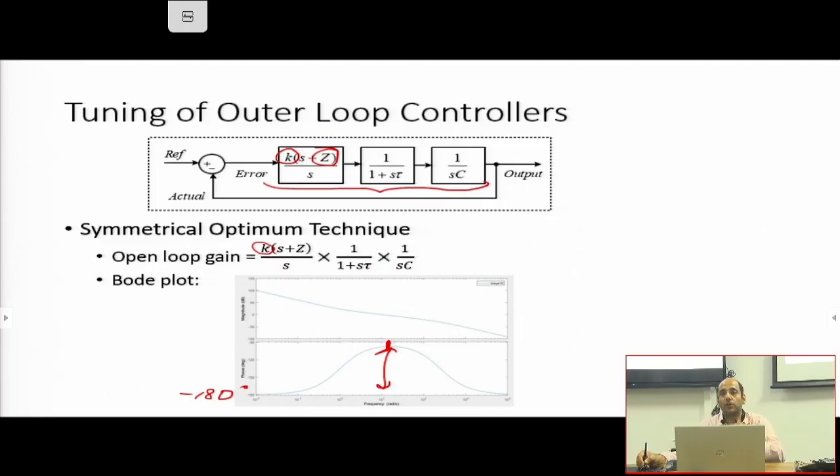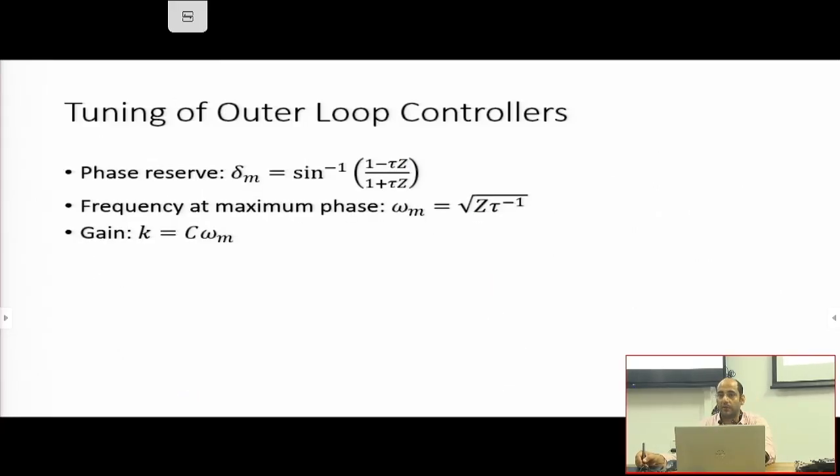So K will change your gain plot. Accordingly, it will change where it intersects with the 0 dB line. And Z will change your phase reserve. So it will not only change your phase reserve, but it will also change the place where you get the maximum phase reserve. Right? So you can decide what the phase reserve available should be. The phase reserve available is given by this relation. So you can decide what Z you have to keep to get the required phase reserve.